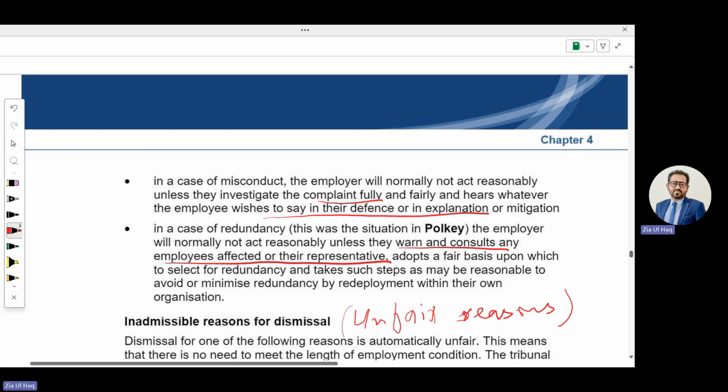Before making them redundant, you discuss with the employees, adopt a fair basis upon which to select for redundancy, and take such steps as may be reasonable to avoid or minimize redundancy by redeployment within their own organization. You can offer him a job opportunity in any other place. Without discussing, and without offering a job opportunity in another place, the redundancy will be considered unfair.